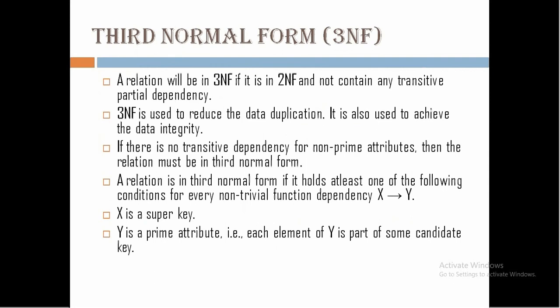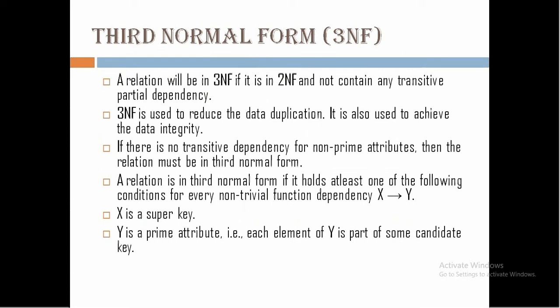Now, third normal form. A relation will be in 3NF if it is in 2NF and every non-prime key attribute is non-transitively dependent upon the prime key attribute. Or we can say that a relation is in 3NF if it is in 2NF and has no transitive dependency.